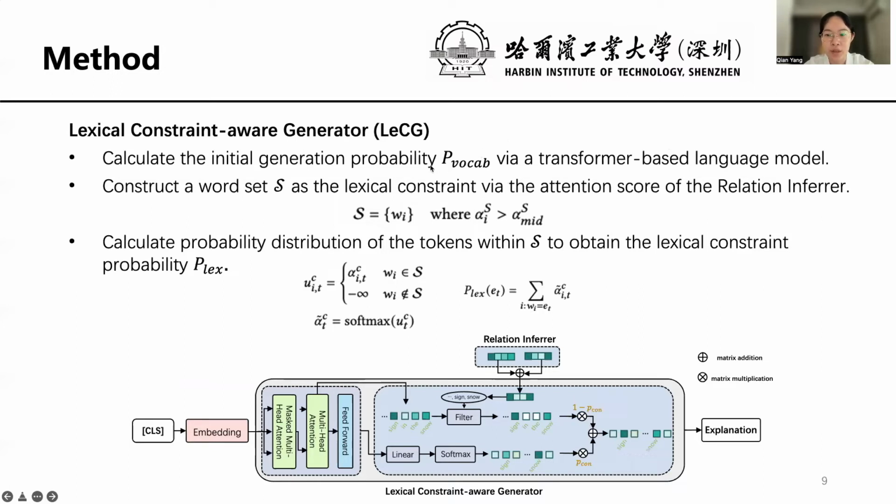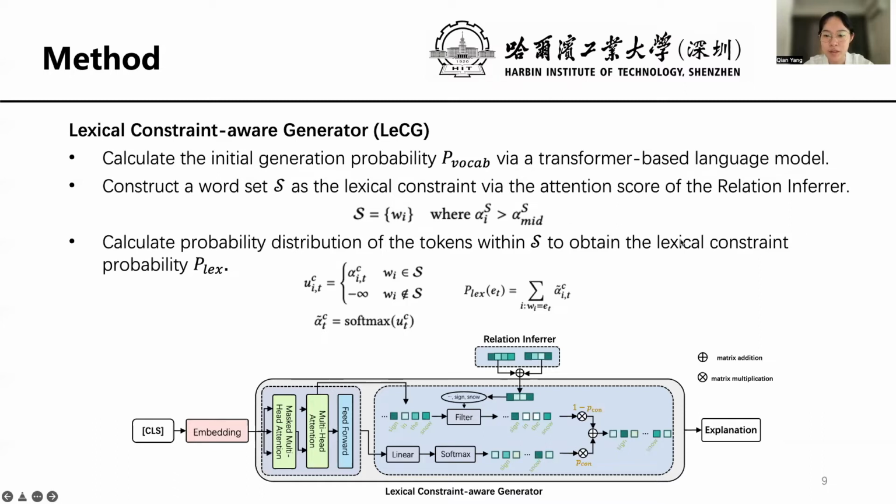First, we calculate the initial generation probability via a transformer-based language model. Then we construct a word set as the lexical constraint via the attention score of the relation inference, which can be seen as the keywords during inference.